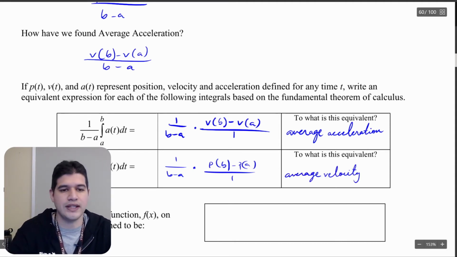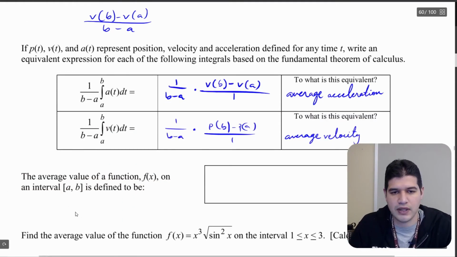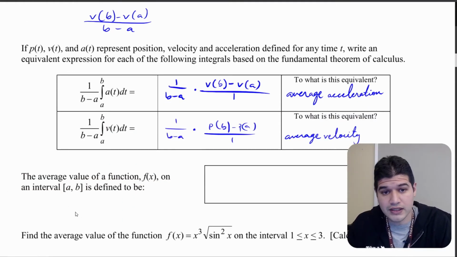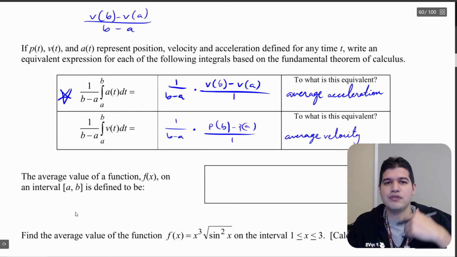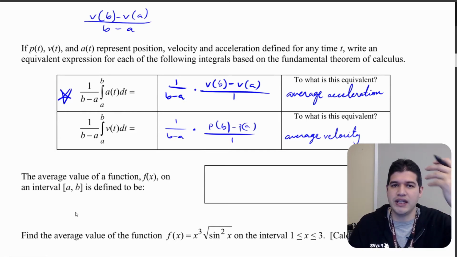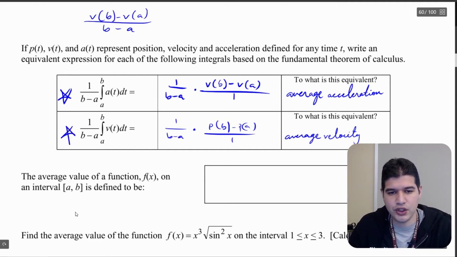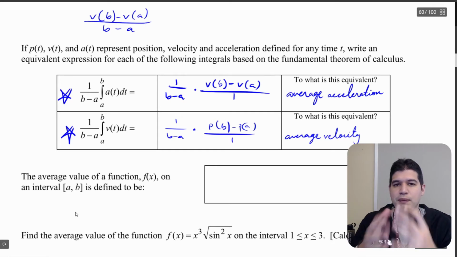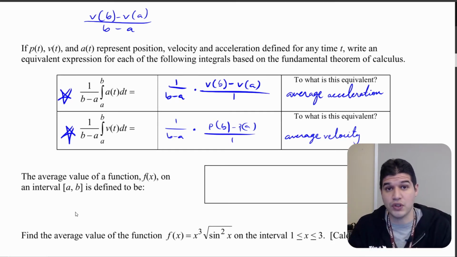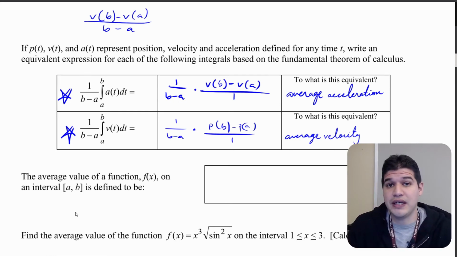So what's important to remember here? If I'm asking you to find the average acceleration and we're given some sort of integral or some sort of function, then you're going to be using the integral now. And remember, integration is adding up those things and dividing by the number of results. That's the exact same thing that you're doing here, just using integrals.